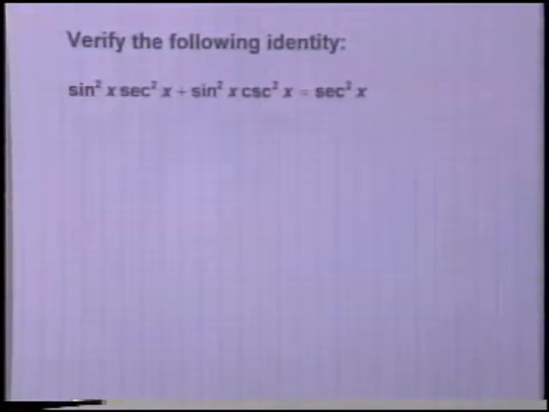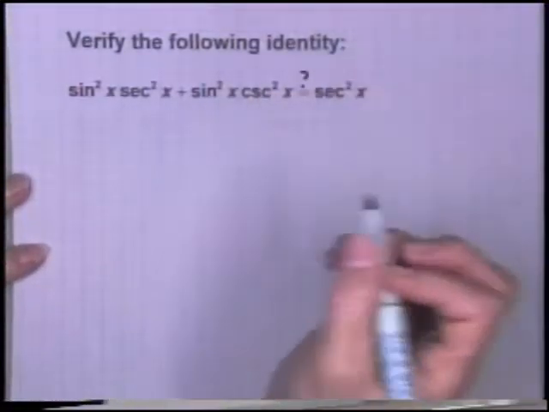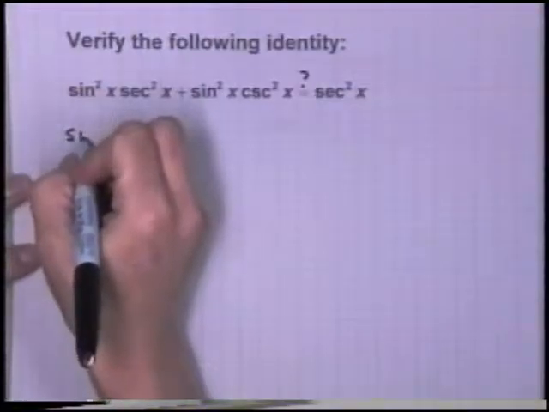Verify the following identity. Sine squared x times secant squared x plus sine squared x times cosecant squared x equals secant squared x. Now, obviously the left-hand side is the more complicated, so we're trying to verify this.